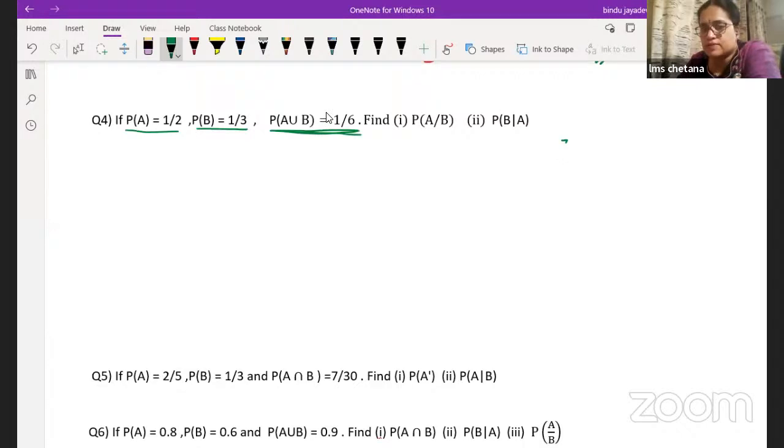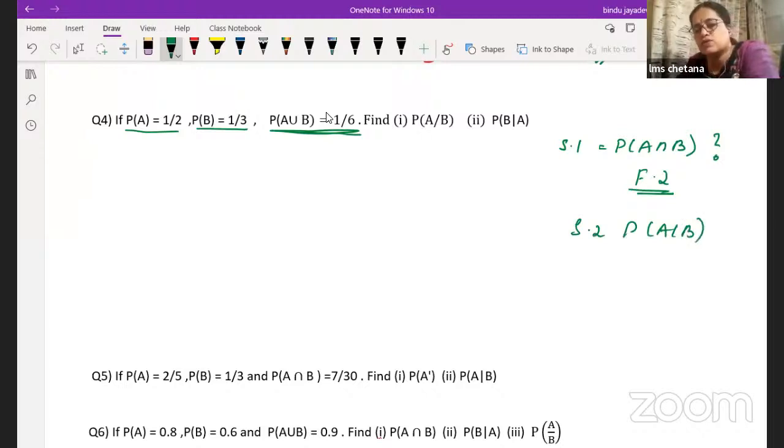First step, find P of A intersection B using formula number 2. Then step 2, probability of A given B. Then the next question, probability of B given A.